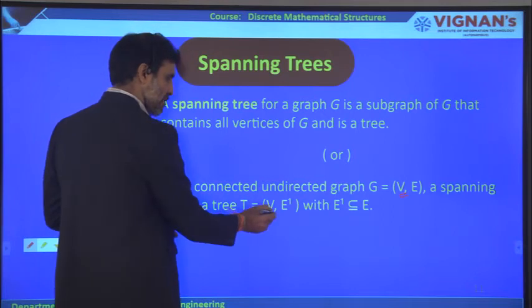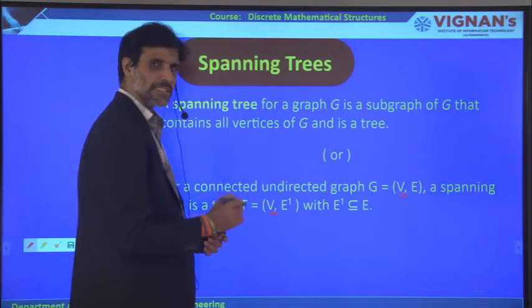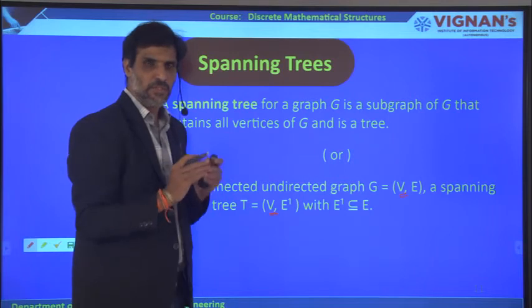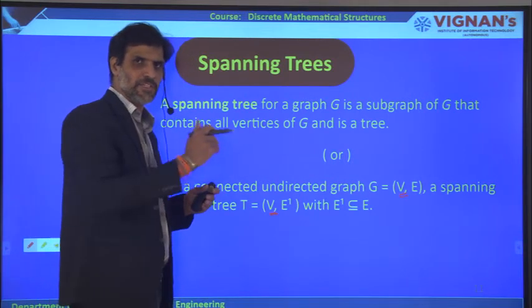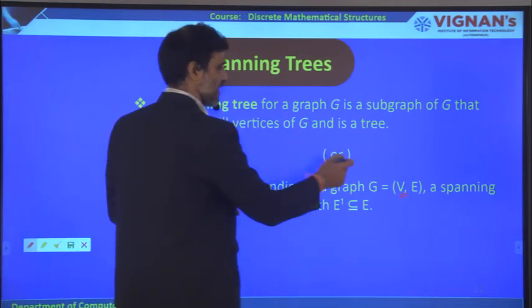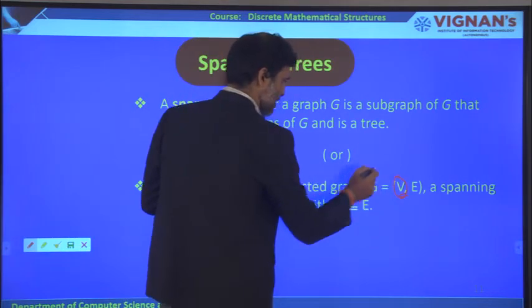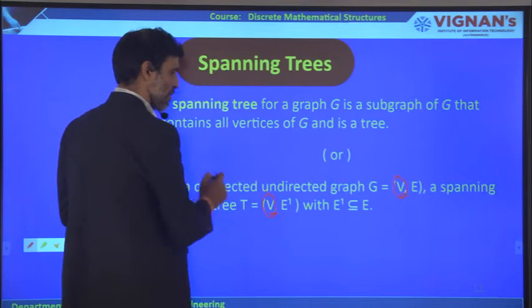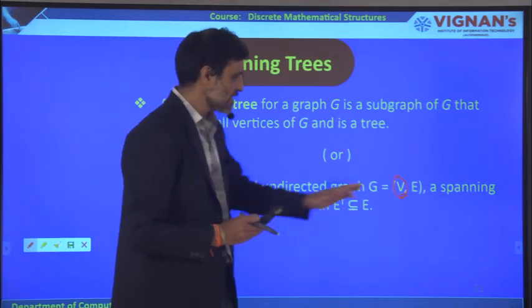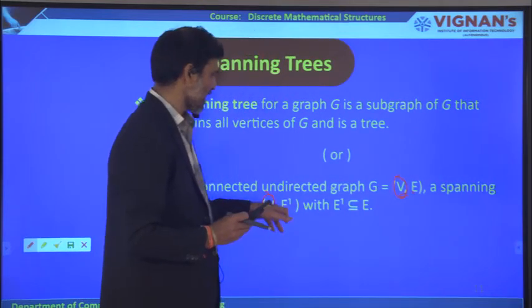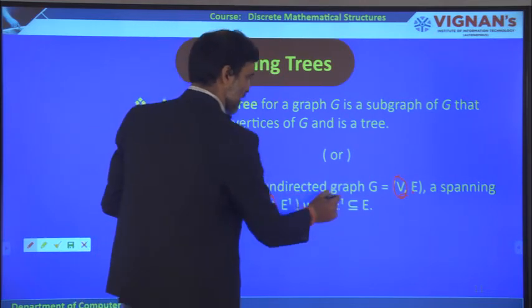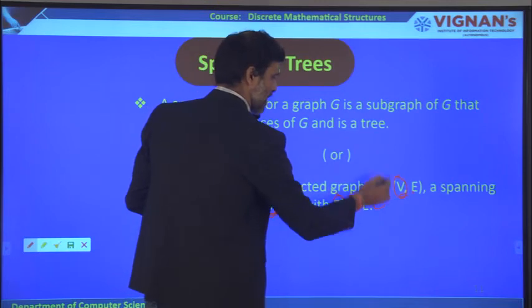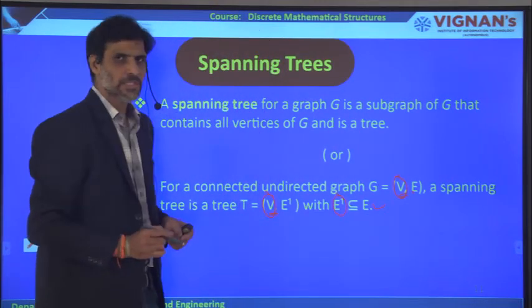In a similar way, the spanning tree must also contain the same number of vertices. You should not change the vertices or take fewer vertices. Whatever number of vertices the given graph contains, the spanning tree should contain the same number of vertices. But there is a difference between the number of edges, E and E dash, and E dash must be a subset of the given edge set. This is called a spanning tree.